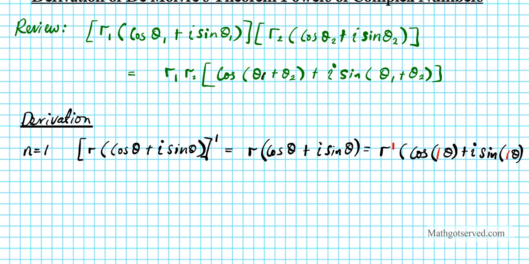All right, so there we have it, let's put a bracket there. This is the case we have for n equals 1. You see where the ones show up. Okay, now let's try the next case.